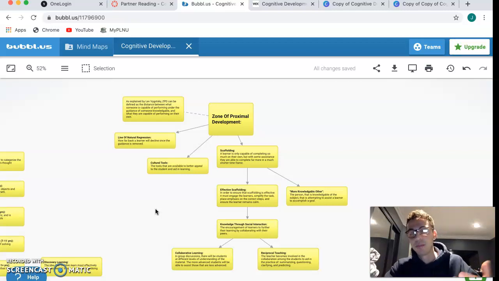You're here to help a student learn, but it doesn't necessarily have to be a teacher, right? You could think of it in the aspect of a coach. A coach is trying to help an athlete get better. Your peers, right? Your peers can help you better understand your homework. It doesn't necessarily have to be an educator. It's just someone that's more knowledgeable, right? So more knowledgeable other. And that is what we've got for zone of proximal development.